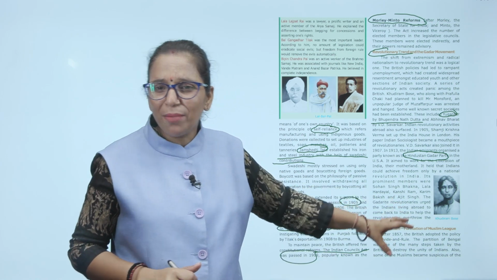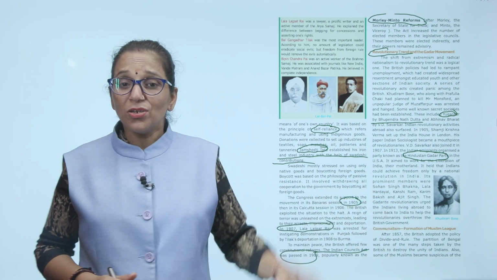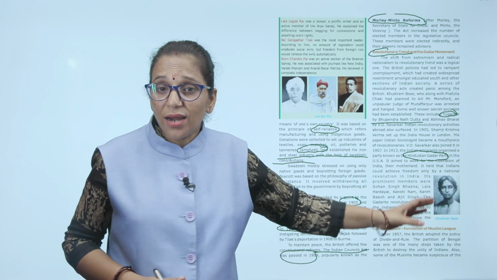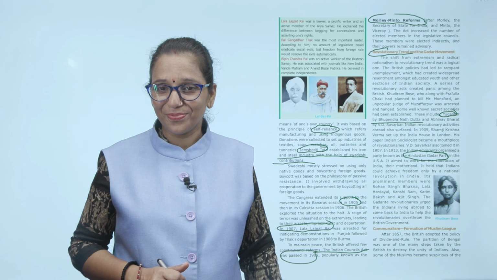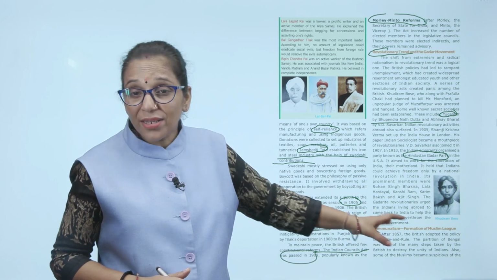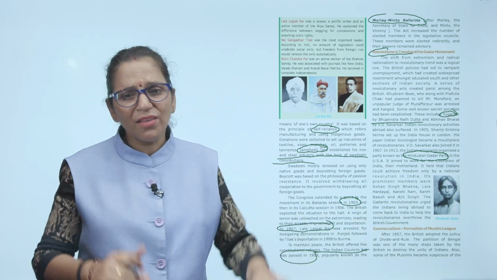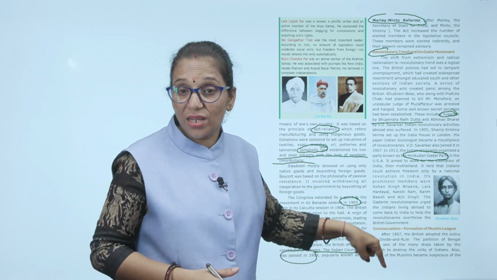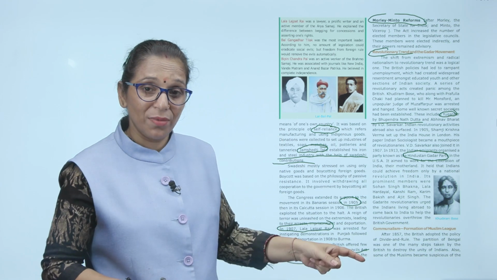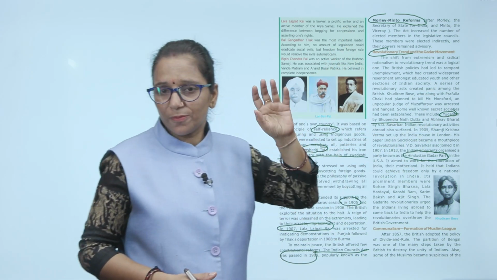Its prominent members were Sohan Singh Bhakna, Lala Hardayal, Kashiram, Karim Baksh and Ajit Singh. The Gadar party revolutionaries urged Indians living abroad to come back to India to help the Indian revolutionaries overthrow the British government. So in this way, from abroad also we got support.